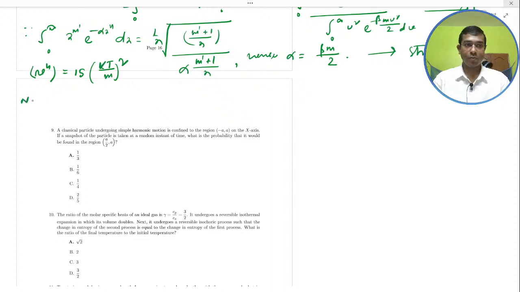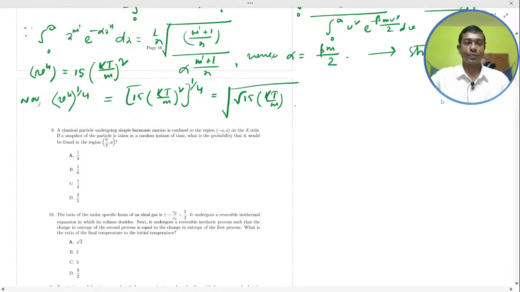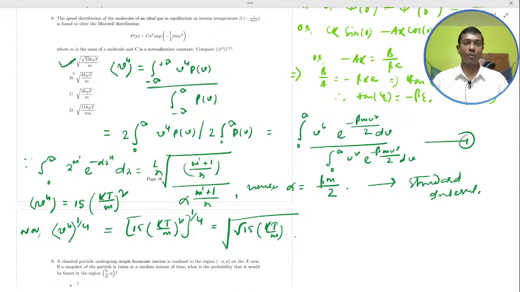Now for v to the power 4 to the power 1 by 4, that means just 15 kT by m whole square to the power 1 by 4, that would become square root of 15 kT by m, whole square root. Now check the options. Option A is correct: root of square root of 15 kBT by m.